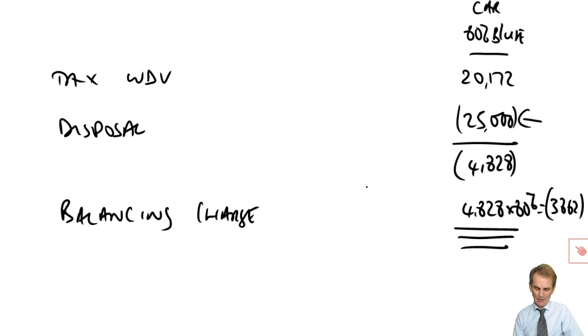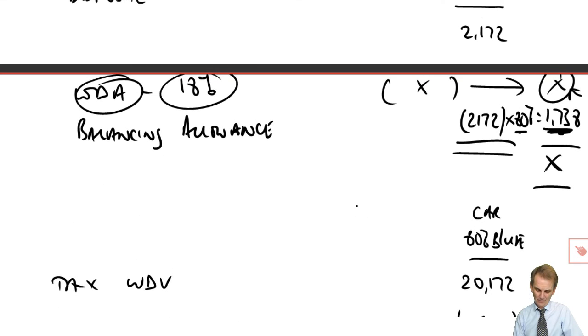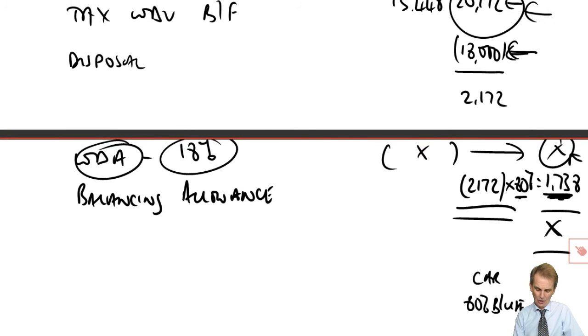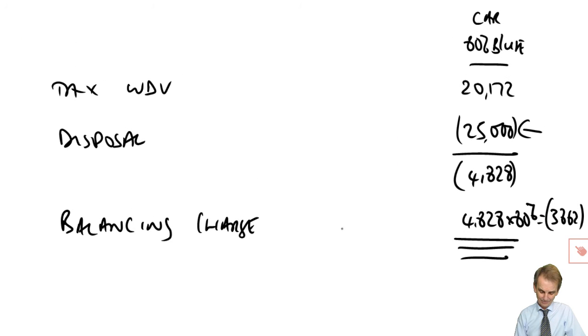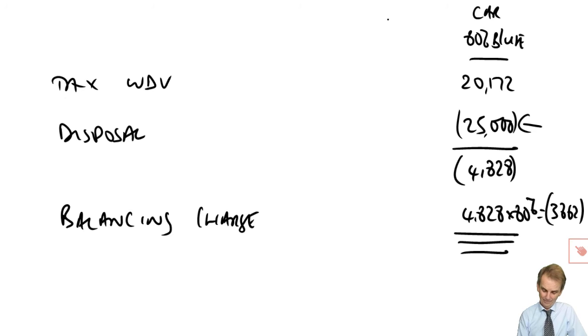So what's going to happen here is we would still have our 18% writing down allowance on the main pool, and that would go in here. Again, probably best if I show that. We had our main pool.